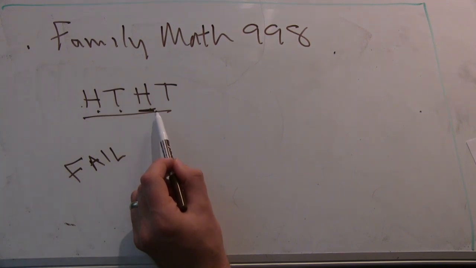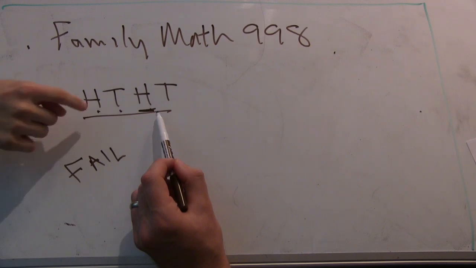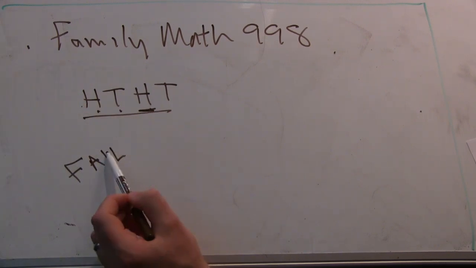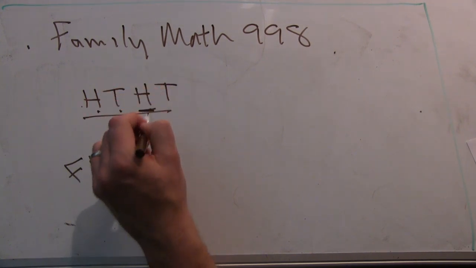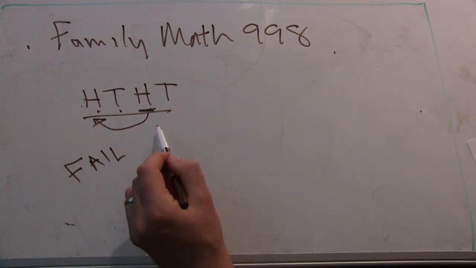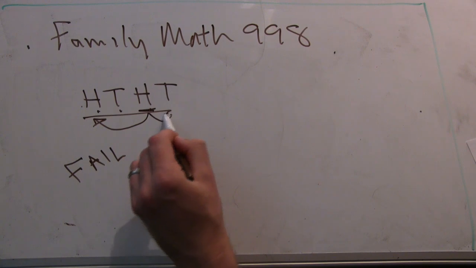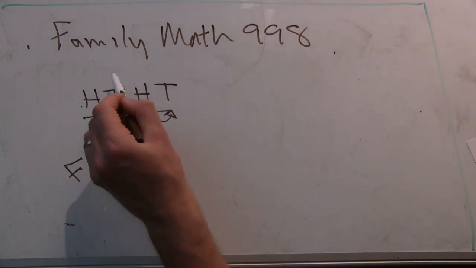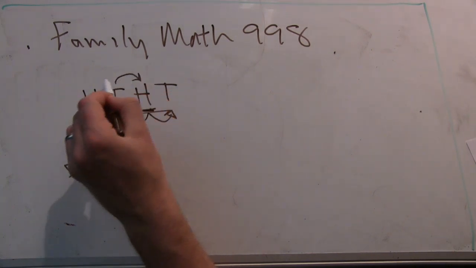Why not? Because if you flip heads, you go back to the first stage. If you flip tails, then you're good. There's no way to go to fail here. The only way to fail, I think, would be to flip 2 tails in a row. That's right, so from tails here you can go to heads, or to fail.